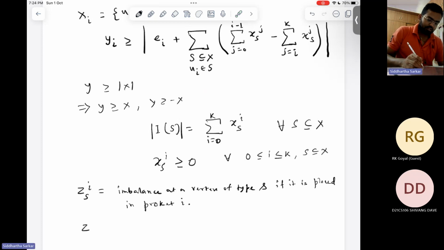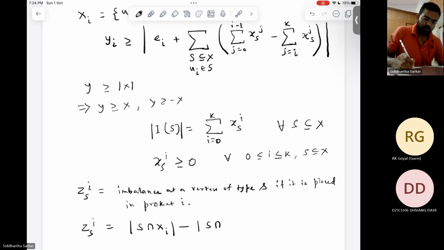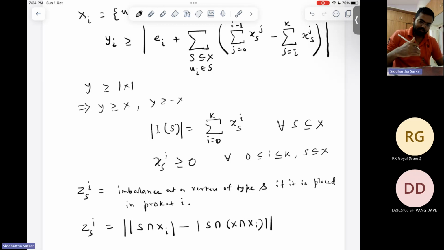That means ZIS can also be computed exactly. You consider all the vertices to the left of I and all the vertices to the right of I and take their difference. That is the imbalance of a vertex of type S if it is placed in pocket I.